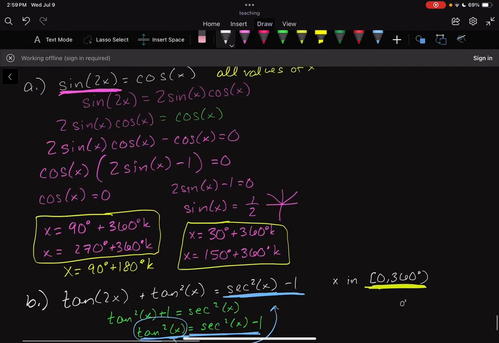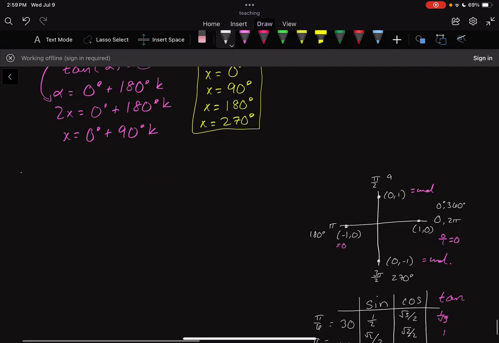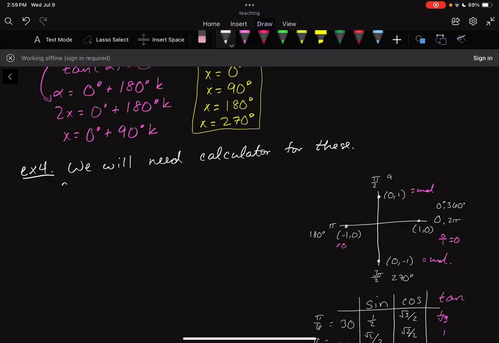So what example number are we on? 4. So example 4. I'm just going to put a note here. We will need a calculator for these. And I'm just going to say solve for values between 0 and 360.